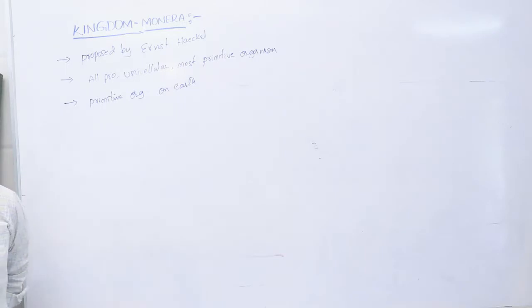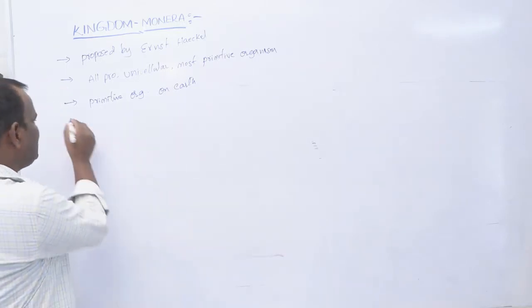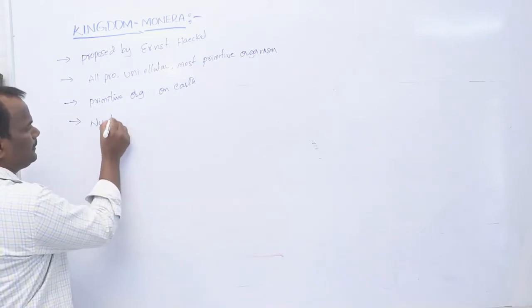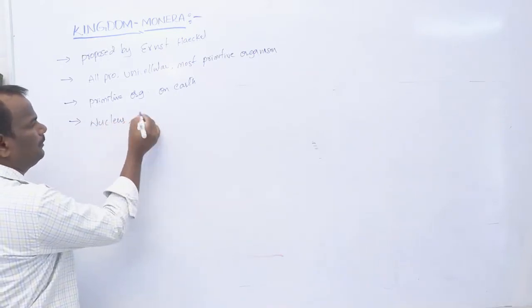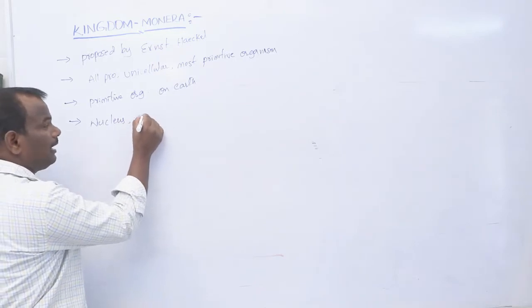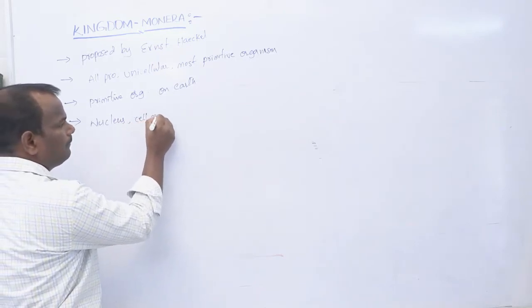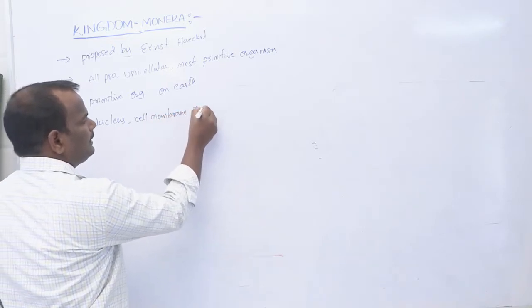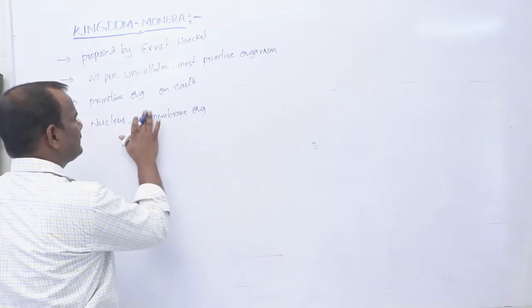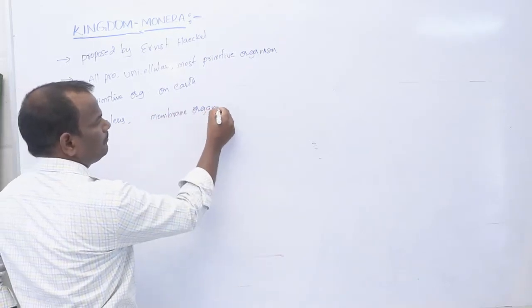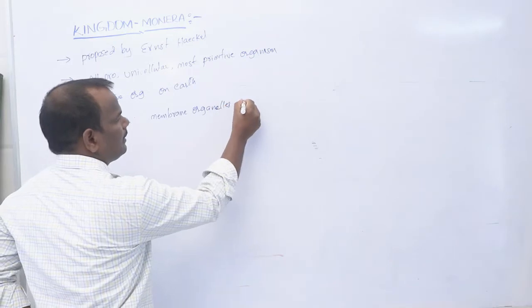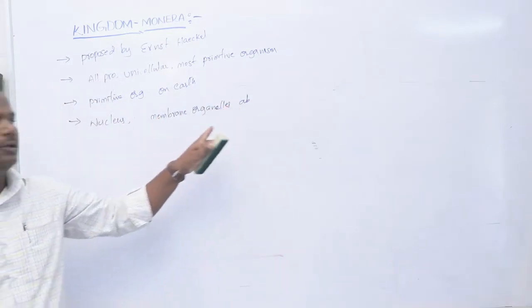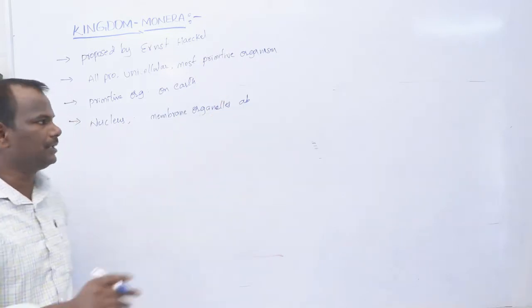In these Monera organisms, the nucleus is absent, and membrane-bound organelles are absent as well.